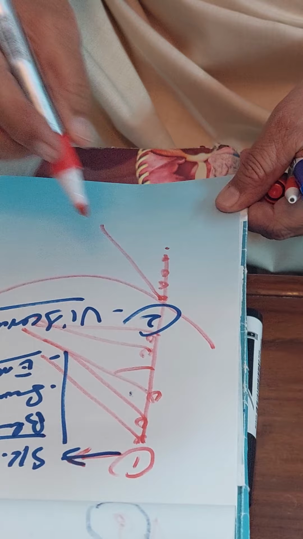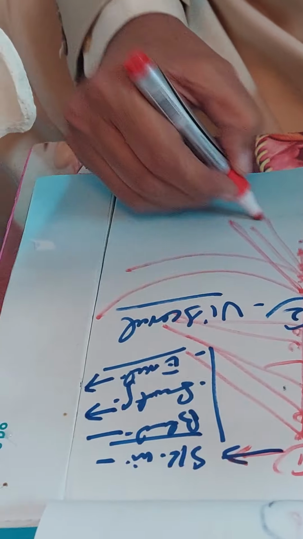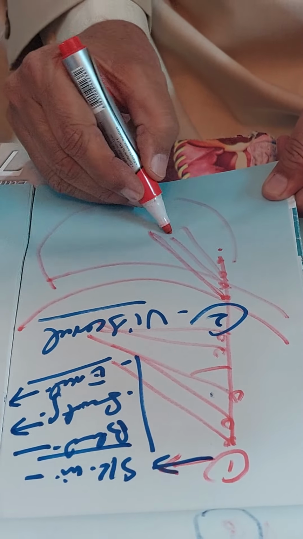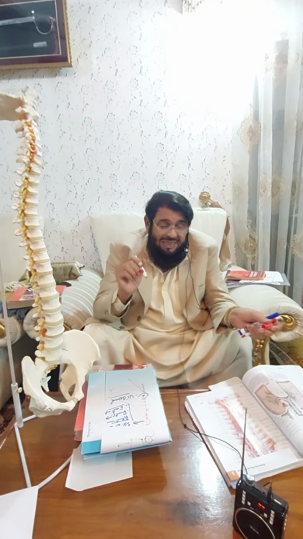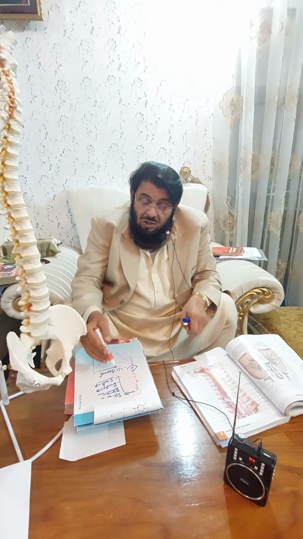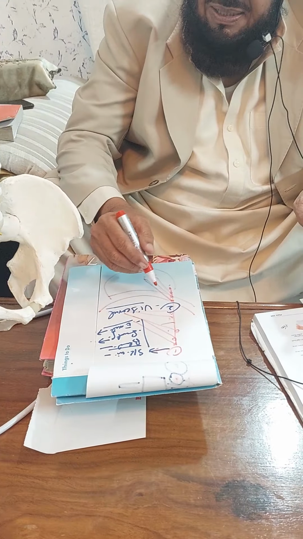Look, this is the diaphragm. The branches descend, pierce the diaphragm, and enter into the abdomen. And there are 3 nerves that are the branches of the lower sympathetic chain, from the ganglia of the lower sympathetic chain. These are visceral branches.